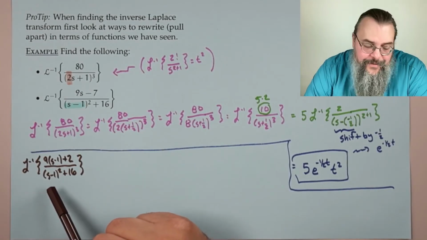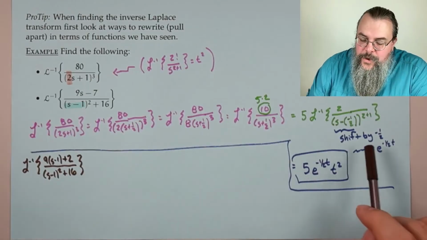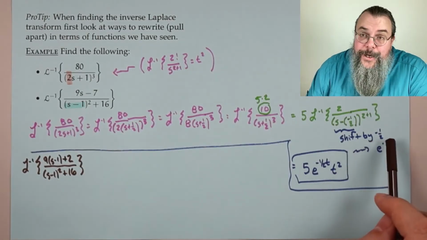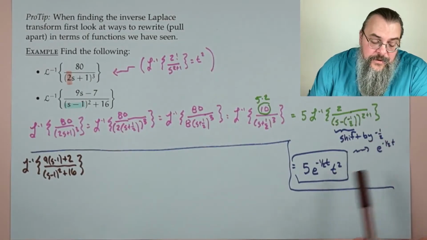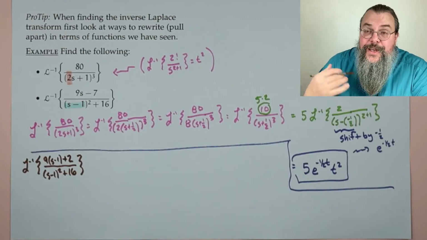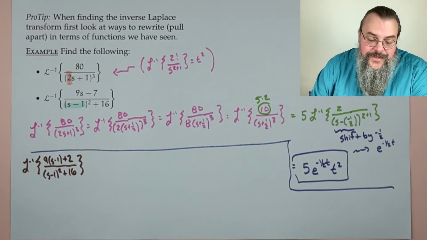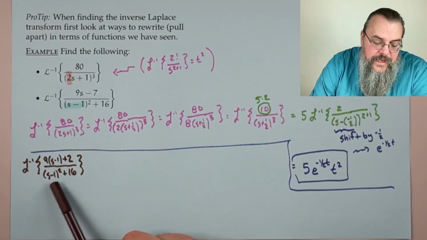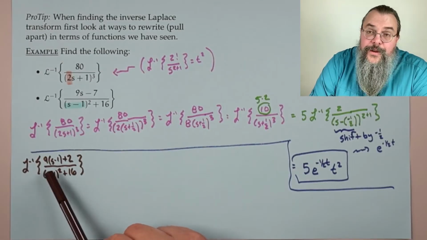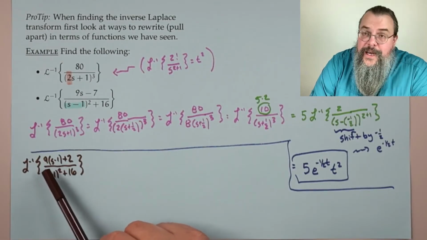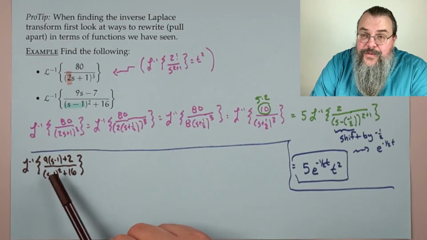Because we see this s minus 1, we see that there's a shift by 1. And so we know that e to the t is going to play a role in our answers. So that's why when we see an s minus 1 downstairs, you always want to make sure that there's a matching s minus 1 upstairs.